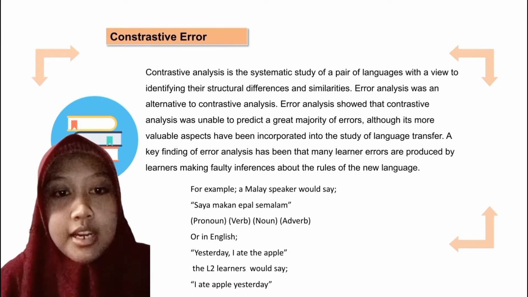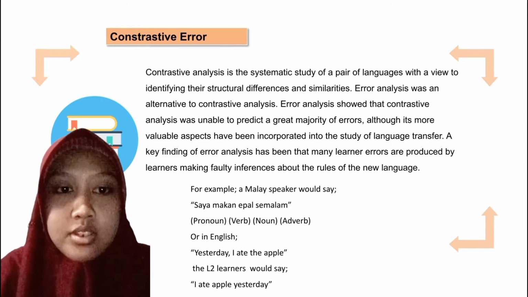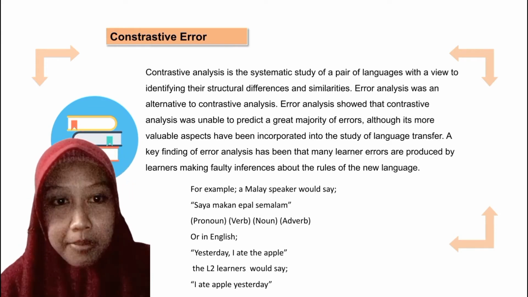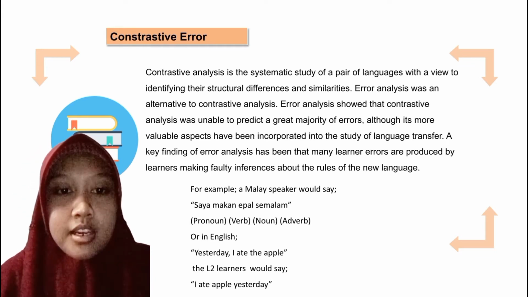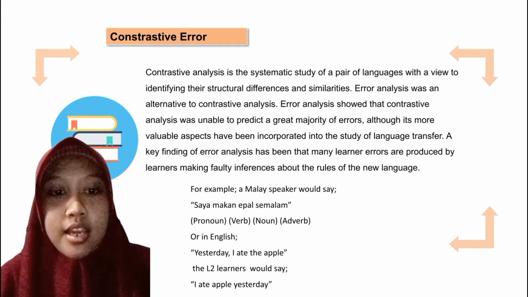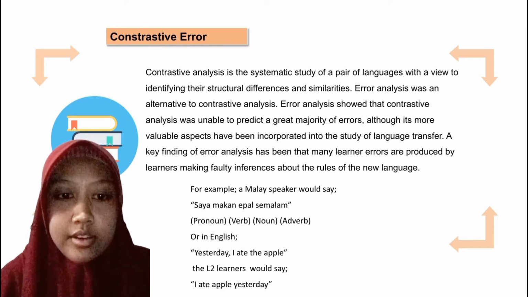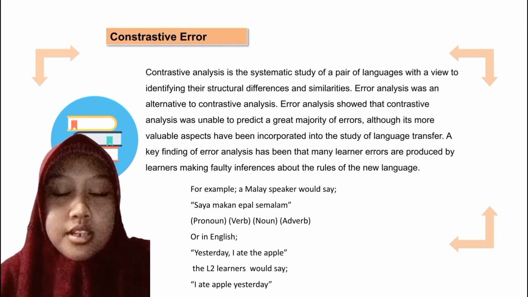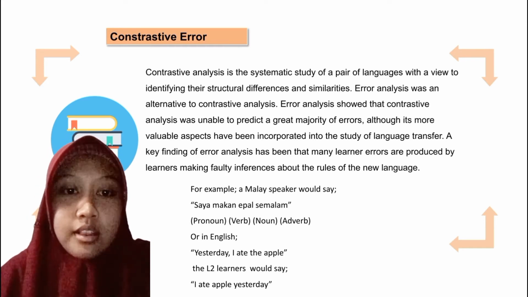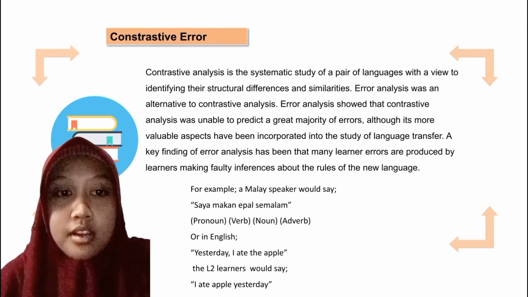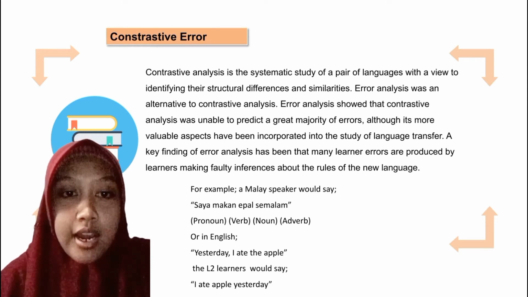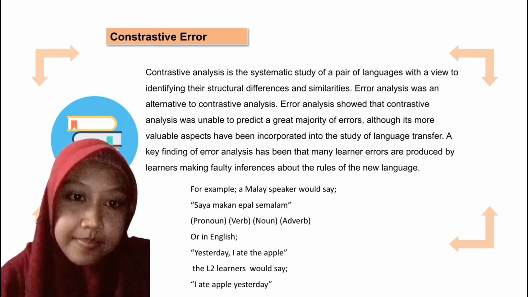For example, a Malay speaker would say, "Saya makan apel semalam." But in English, we say, "Yesterday I ate the apple." If the second language learner applies Smith's argument, they would say, "I ate apple yesterday."